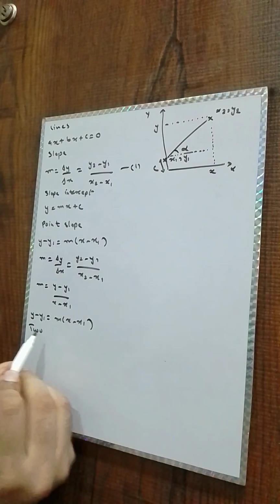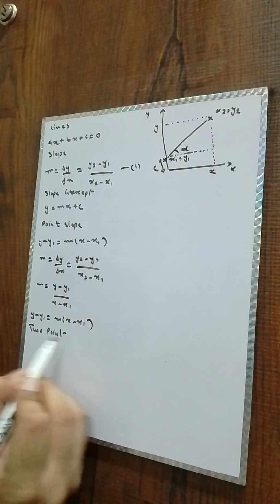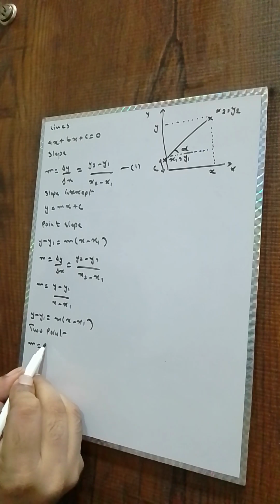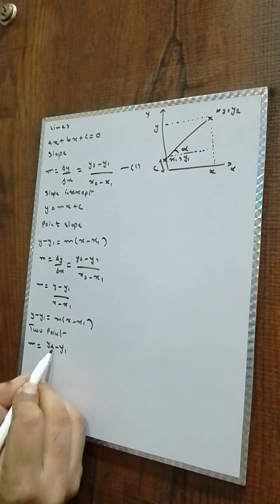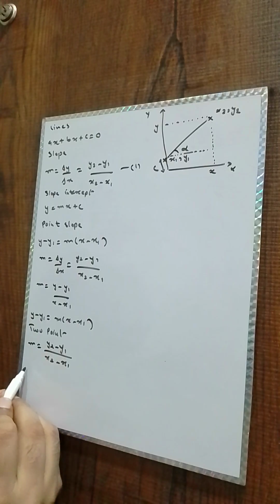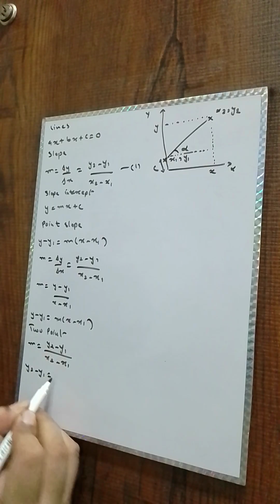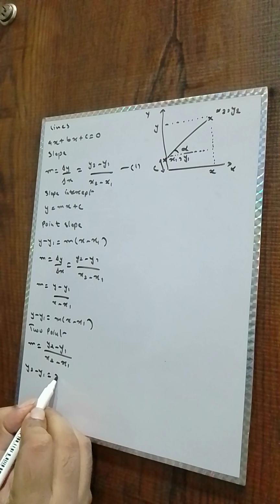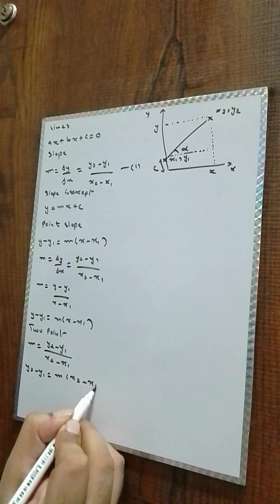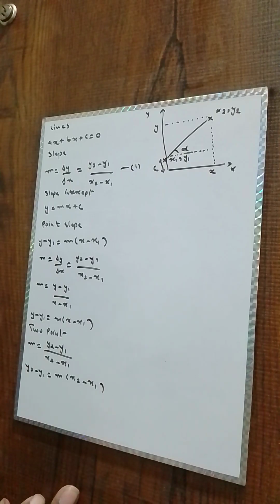Then when we get to the 2-point form, we once again use the slope, which is y2 minus y1 by x2 minus x1. The trick here is y2 minus y1 is equal to m into x2 minus x1.